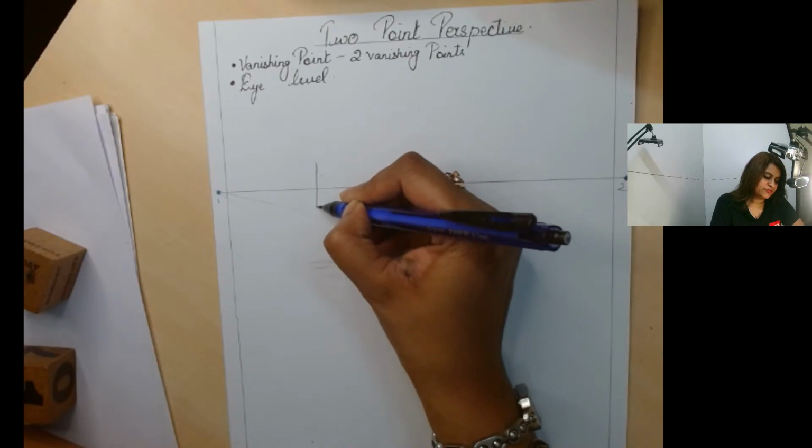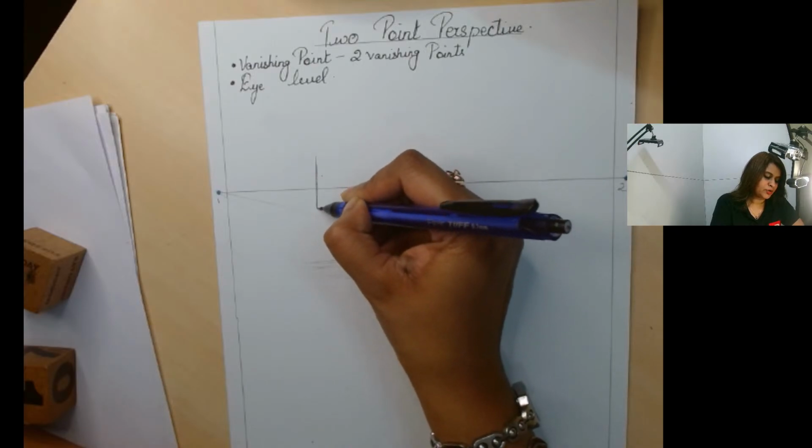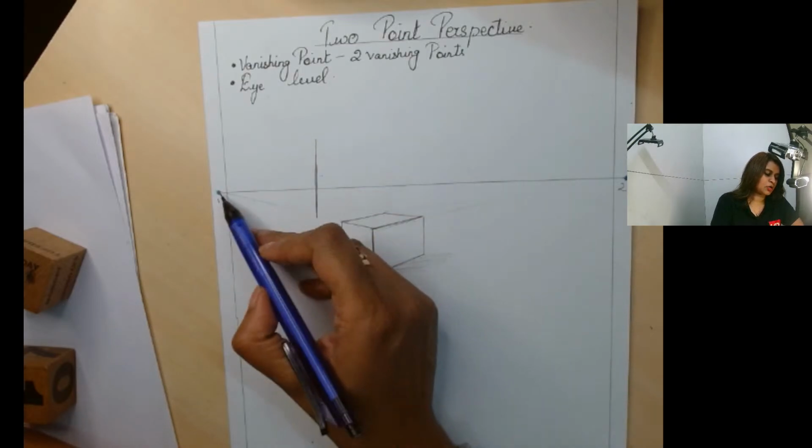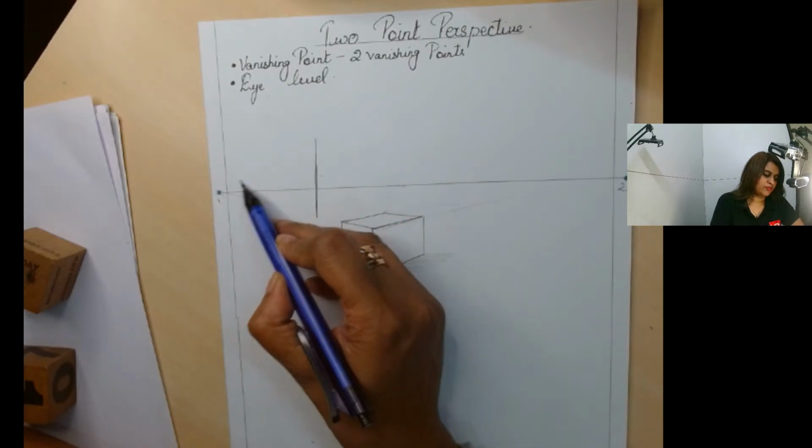Now, what happens if something is there on your eye level? So let's assume it's a building and much taller than you. That's why it's going above eye level.